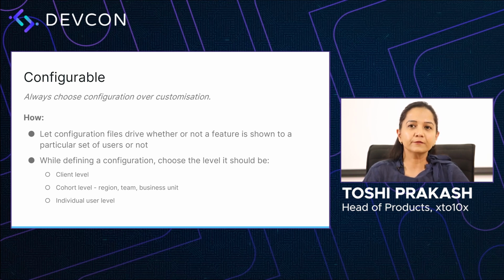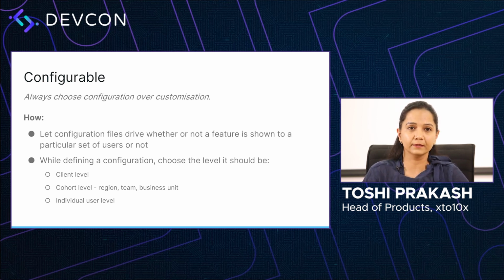Build for all the logical possibilities and disable them via specific configurations for a particular client. You need to ensure that these files or configuration areas are easily editable, and that your sales team, your customer success teams and other teams can edit and create these configurations specifically for the client.